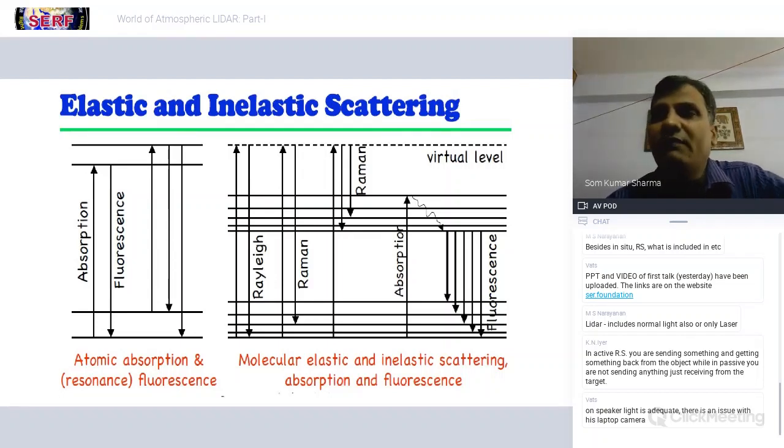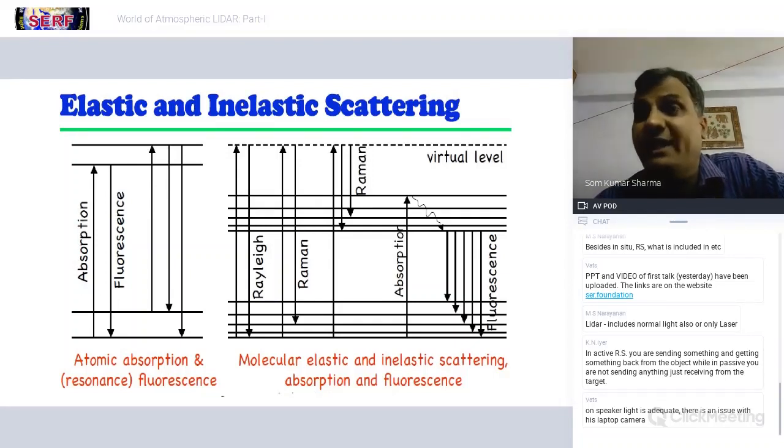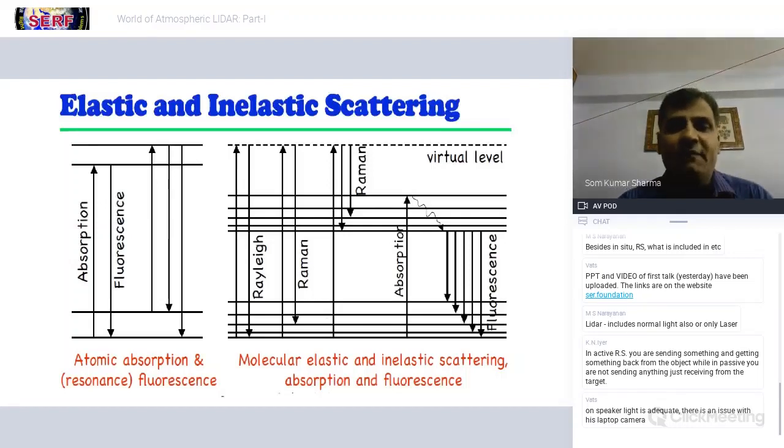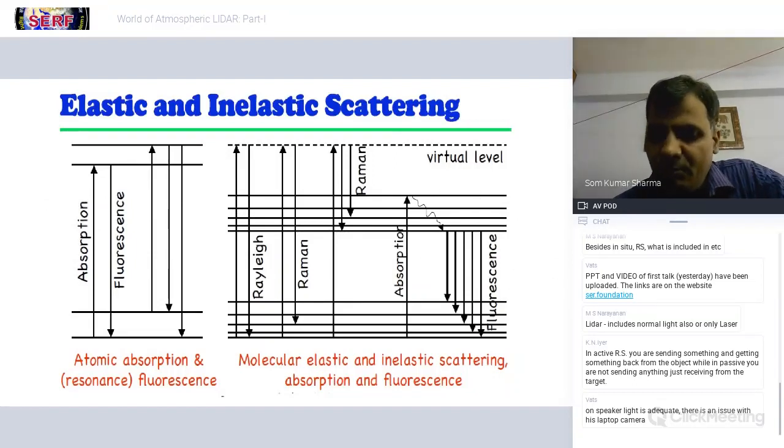That is out of the scope of today's discussion, so just remember it was discovered by Professor C.V. Raman, and it is a very useful technique for studying the different constituents of the atmosphere. That LIDAR is known as Raman LIDAR. I will come to it later. And then of course absorption and fluorescence take place from the virtual level. I will discuss these things a little later.